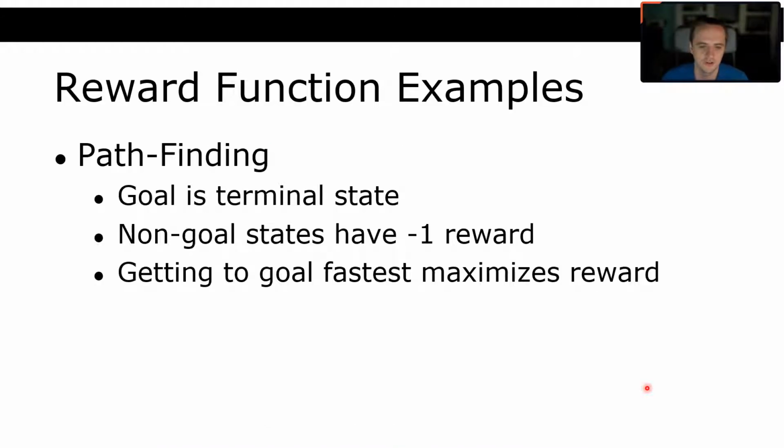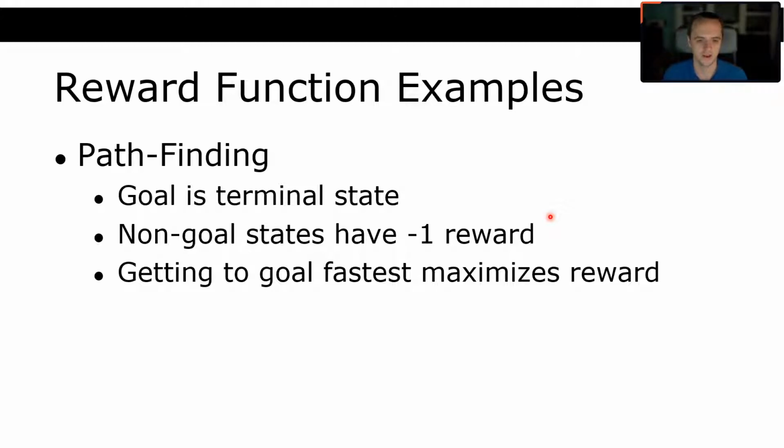Okay. So here are some reward function examples. We talked about pathfinding a little bit already. So let's say that in pathfinding, our goal is to get to a terminal state or the goal state as fast as possible, right? So that would mean that at non-goal states, our actions are going to give us a -1 reward.